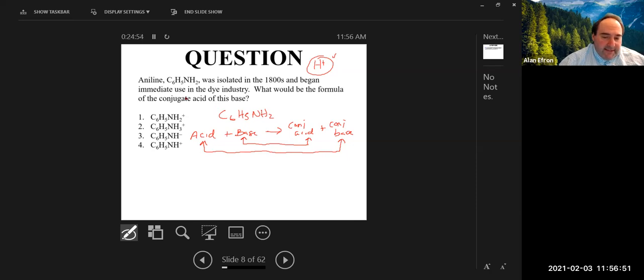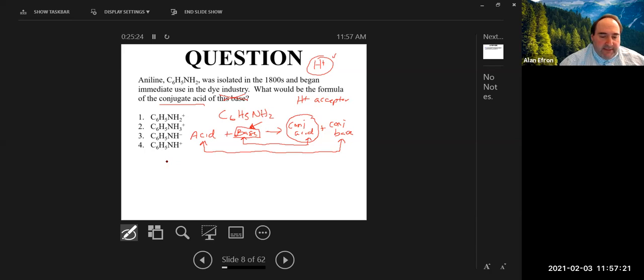So in this case, we're looking for the conjugate acid, which would be this one. So what that tells us is that what we are looking at is a base. And in a lot of problems, they won't be this nice and tell you these are bases. So a lot of times they won't give you that information. If you just think about it backwards and go, okay, I know I'm starting with a base. The definition of a base is basically a proton acceptor, which means that it should gain an H plus.